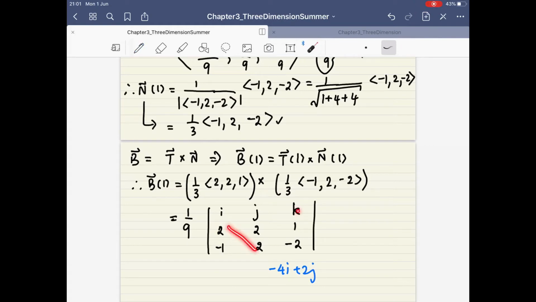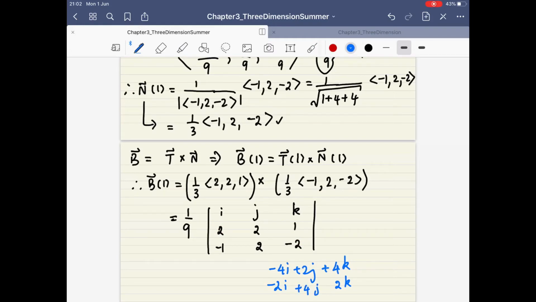And then the last one is a 4k. To do the upward diagonal multiply, you have -2k, but it is upward, so you have a 2k, and then you got a 2i, but it is upward, so you have -2i, and this one you got a -4j, but it is upward, so you have a 4j.